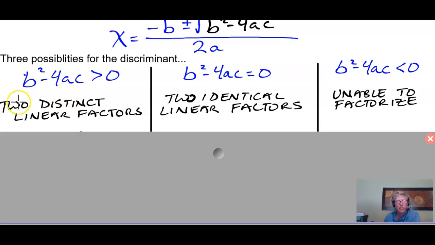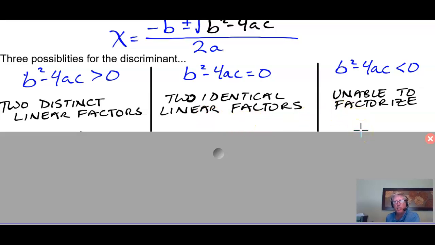If it's greater than 0, then we know the original quadratic has two distinct linear factors. All right, I may have lost some people with the vocabulary. Hang on, I'm just trying to give you the fancy stuff right now. If it's equal to 0, which is my personal favorite, I always love it when it equals 0, then we have what we call two identical linear factors.